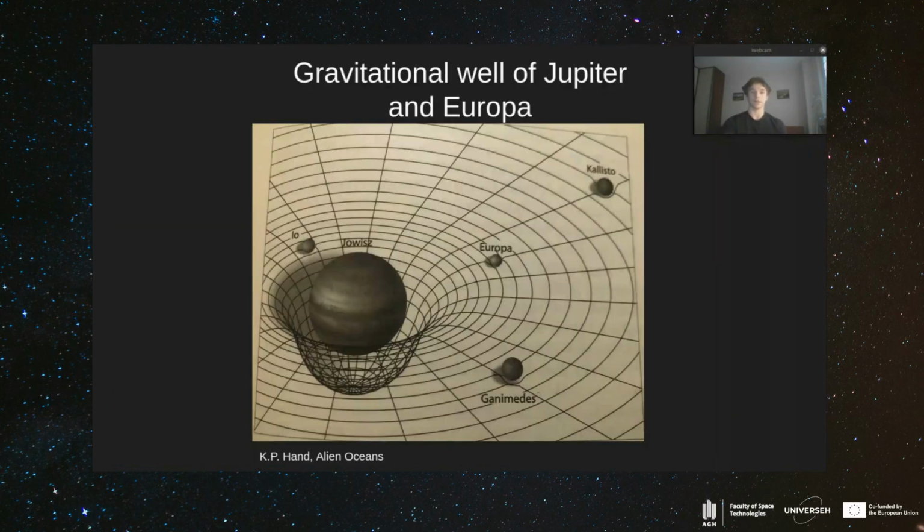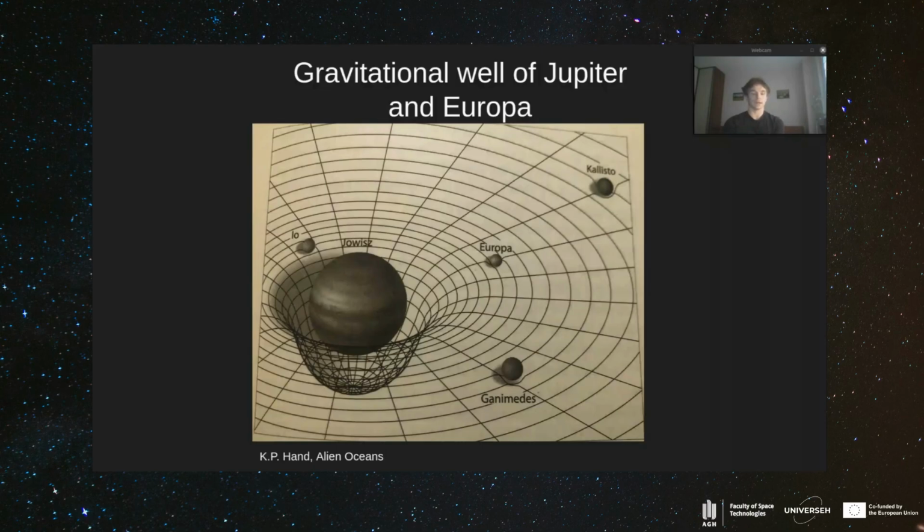So next one is the gravitational well of Jupiter and Europa. You can see it's also a graph taken directly from the book. You can see that Jupiter has an enormous gravitational field, which is also influencing the net gravitational field around Europa.